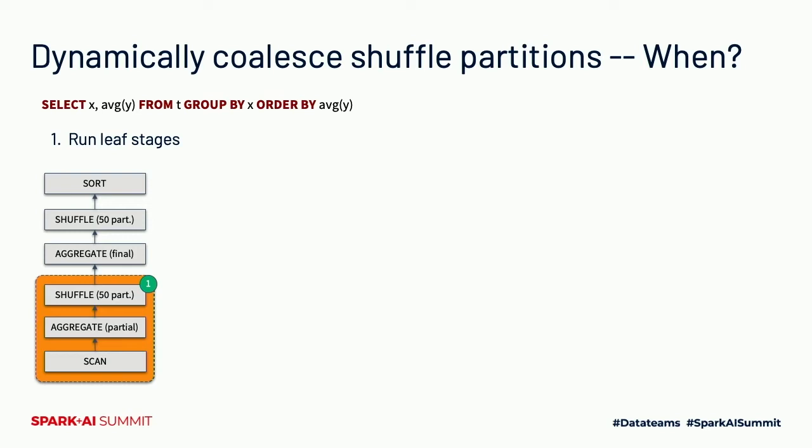As mentioned earlier, we'll first start and run leaf stages, and in this case, it's the shuffle stage on the bottom containing the partial aggregate and the scan. Once this stage is complete, we can see that the overall data size is 650 megabytes, with each partition averaging around 13 megs, which is a little too small.